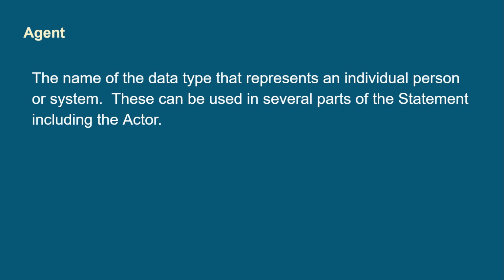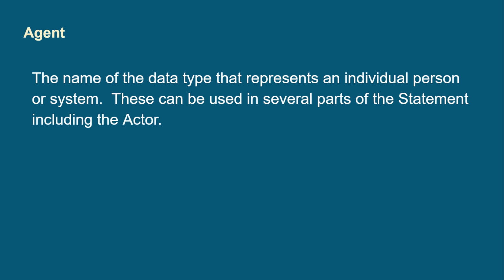Agent. Sometimes you'll hear actor and agent used interchangeably, and this is not quite right. An agent is the name of the data type that represents the person or the user, the learner. But agents are not always actors. Actors are always agents. An agent could be an instructor, for example, that is included in the context of a statement. And in that case, it's not the actor.